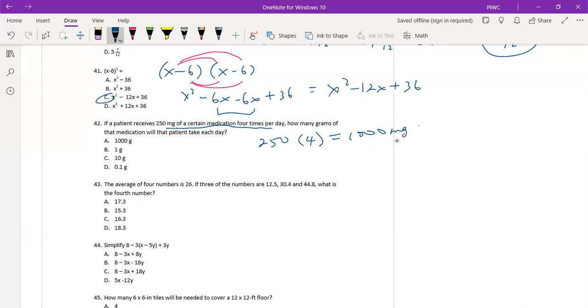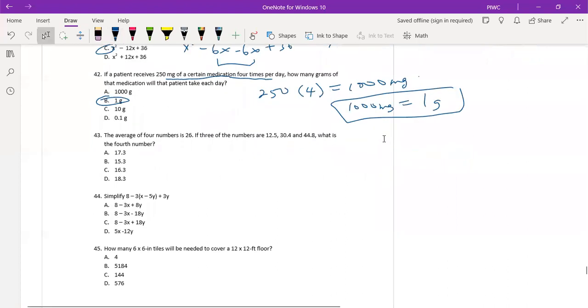But we know that we want it in grams. So we know that 1,000 milligrams is equal to 1 gram. Okay, so it means that this is 1 gram.